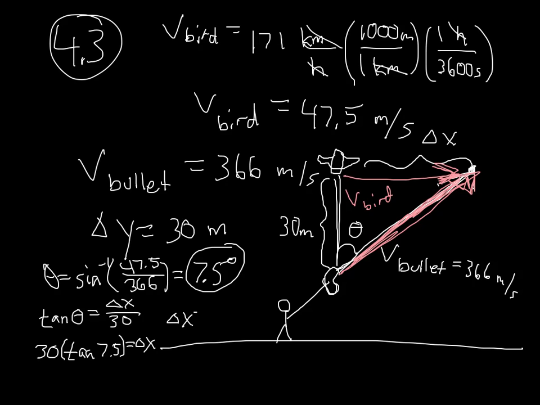And you will find that delta x is equal to, on a very messy slide, 3.93 meters. So that's how far ahead you have to lead the bird. Okay? Any questions on that? Number 3 from chapter 4.